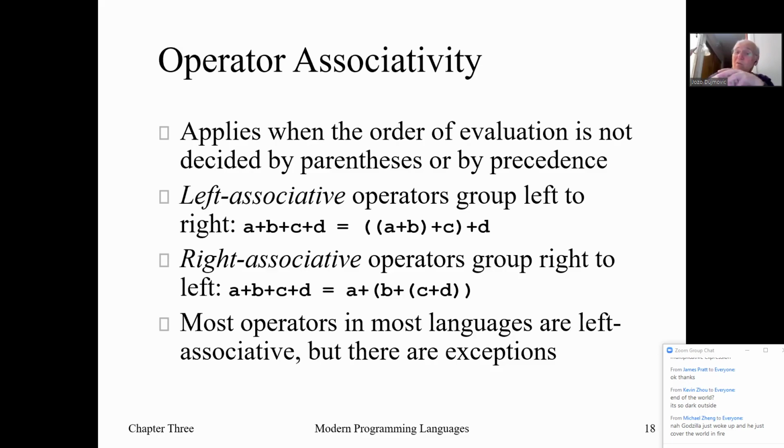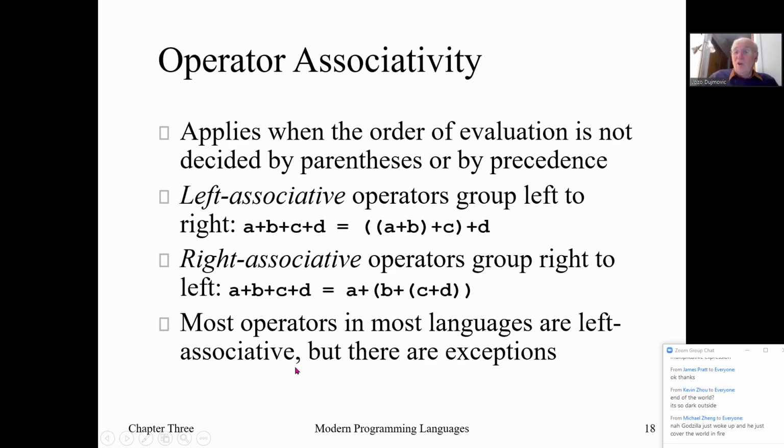Right associative operators are going right to left. So first perform C plus D, then B plus this intermediate result, and then A plus the other intermediate result. And you get A plus B plus C plus D in this way.